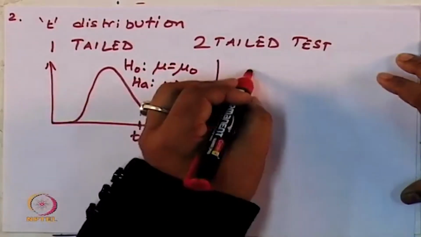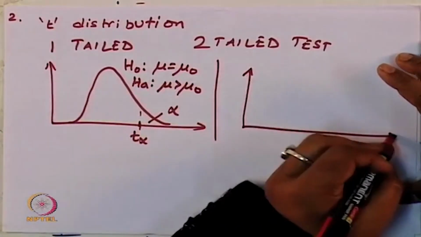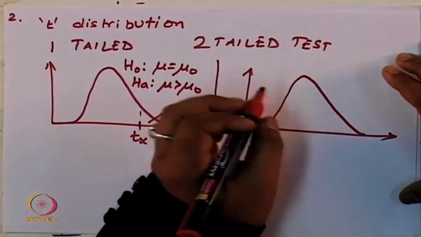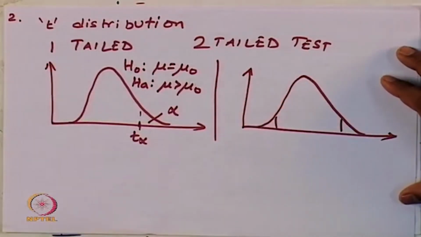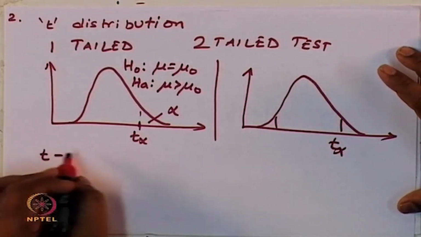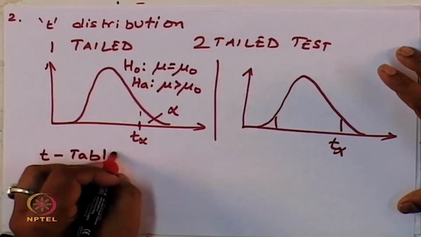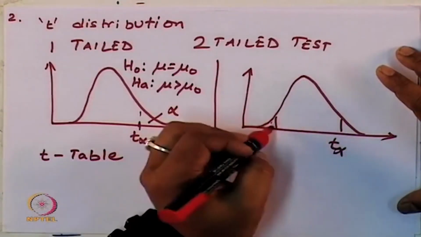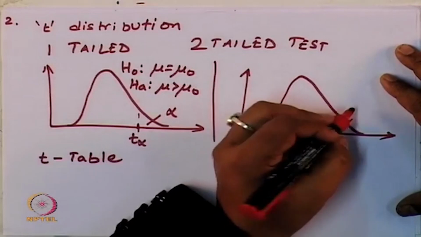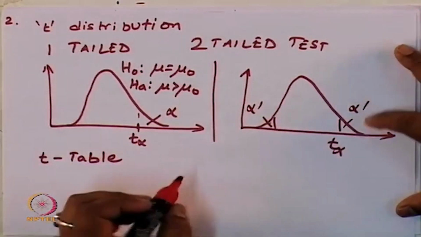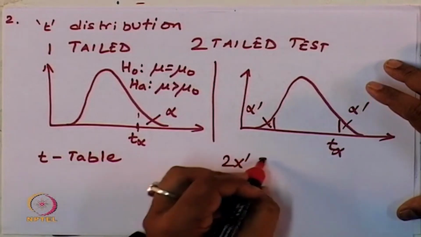For the two tailed test, you have two tails. However, please note the t table only gives values for the upper half, which means if this is my alpha prime, I have to set 2 alpha prime equal to alpha.